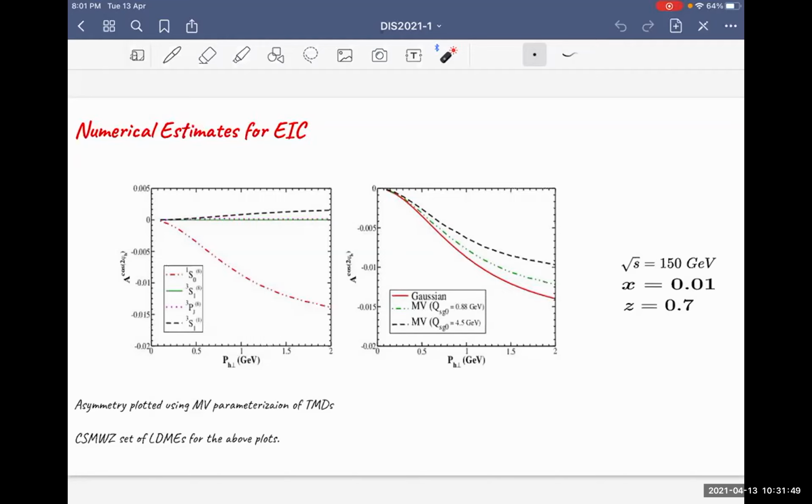We have plotted here the contribution from all the individual states using the NRQCD color octet model. That means we have taken both the color singlet as well as the color octet states into consideration. Okay, great, that's what I thought. That's very interesting. I'm wondering, could this be done for other types of quarkonia, like Upsilon? I don't know if we'd have the kinematic reach at the EIC. Maybe we could, but I don't know.